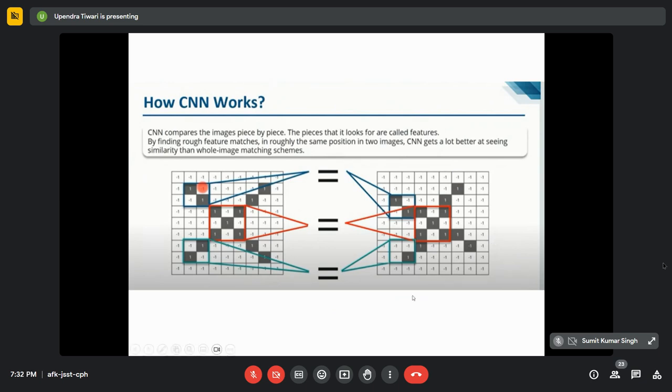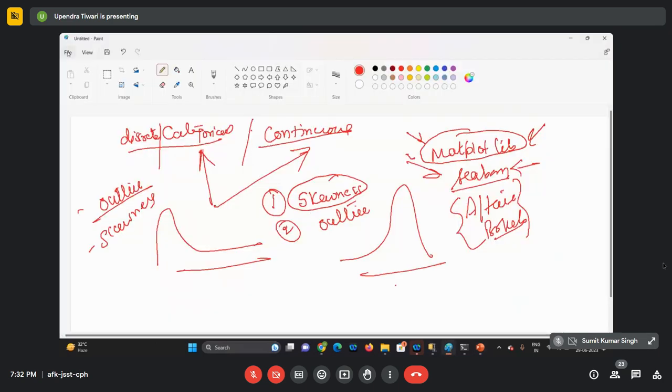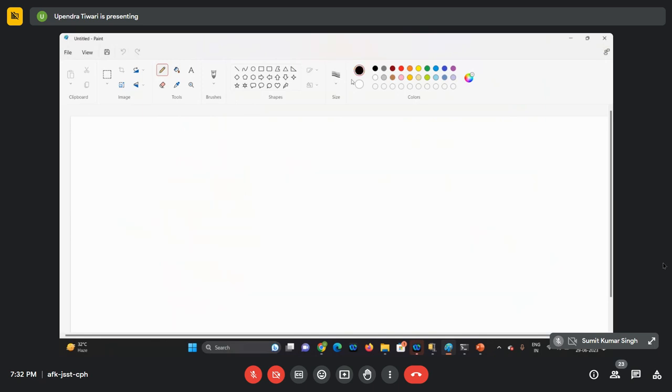If I ask you that suppose these are the two images, are they the same or not?